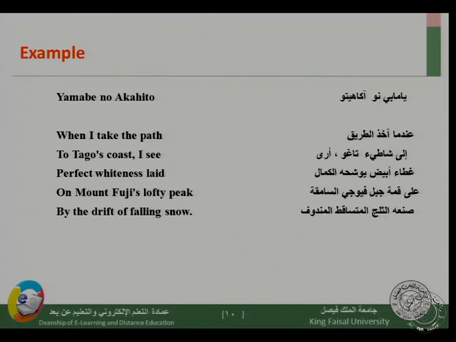This poem was written originally in Japanese, and then translated into English, and then translated into Arabic. Now, when I take the path to Tago's coast, I see perfect whiteness laid on Mount Fuji's lofty peak by the drift of falling snow.